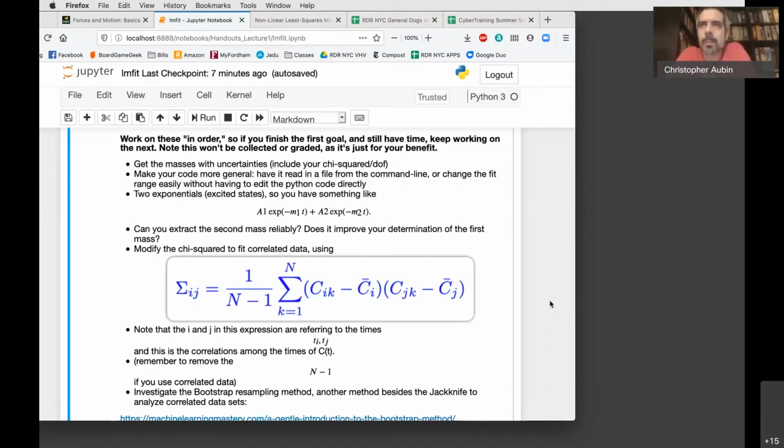The masses you're getting, note, are in lattice units, because we don't put dimensionful numbers in the simulation. That's why these time values are integers: they are time values in units of the lattice spacing. Therefore, the mass that you extract is actually a dimensionless number.